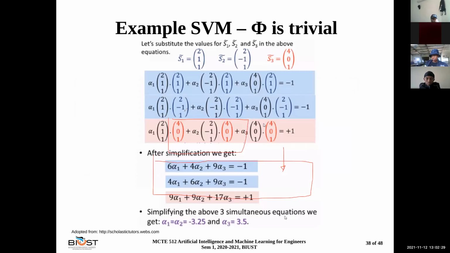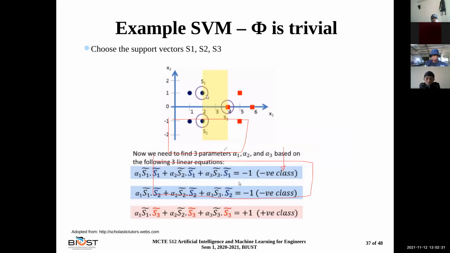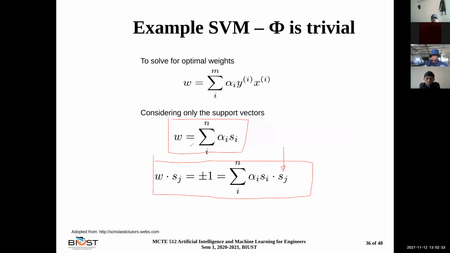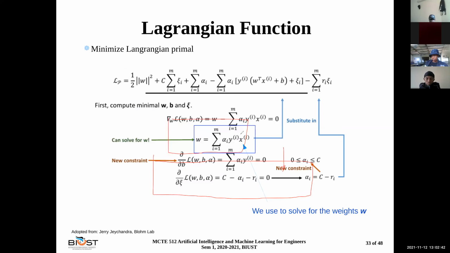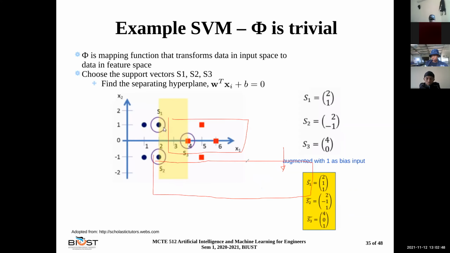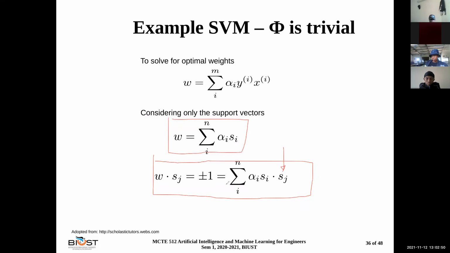So for all linear classifications, all we need to do is consider these two equations. They are created based on the dual. We solve for W using all these optimization problems. Because these are linear classifiers, we can simplify the optimization equations and solve using these equations.